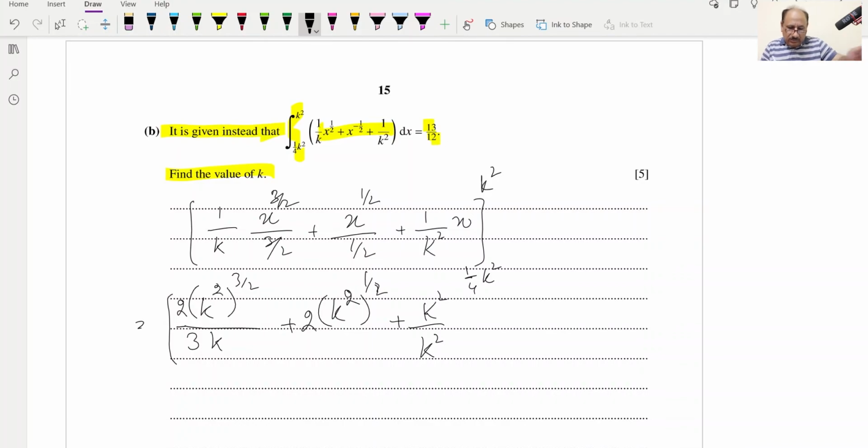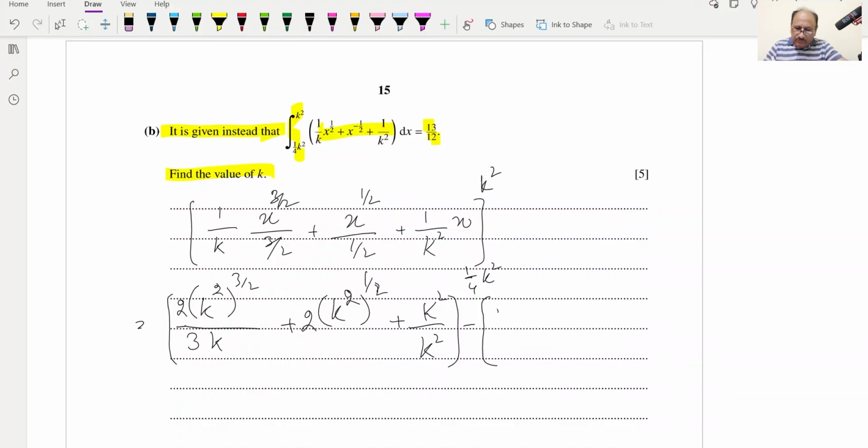Now we can replace the lower limit with the minus sign, so it will be 1 over k, and x raised to 3 by 2, it means what? It means 1 over 4, so basically we have to replace 1 by 4 k squared.